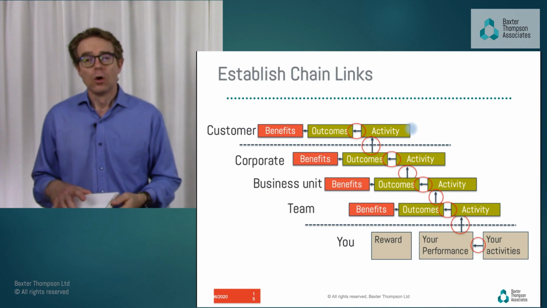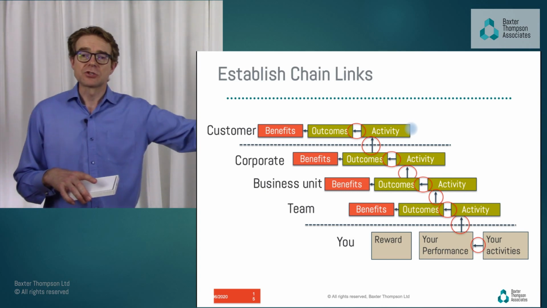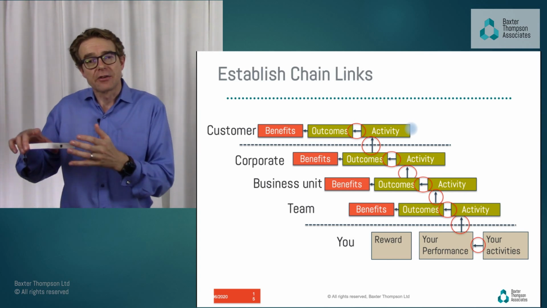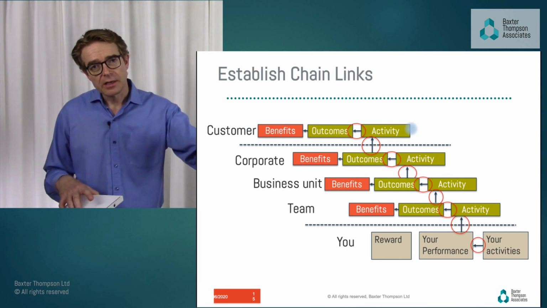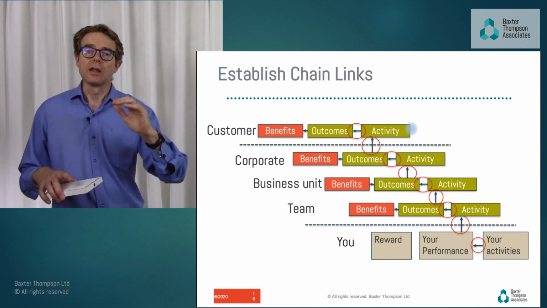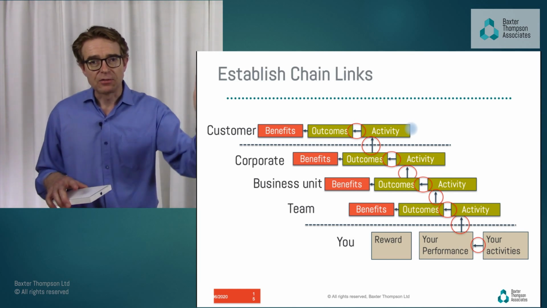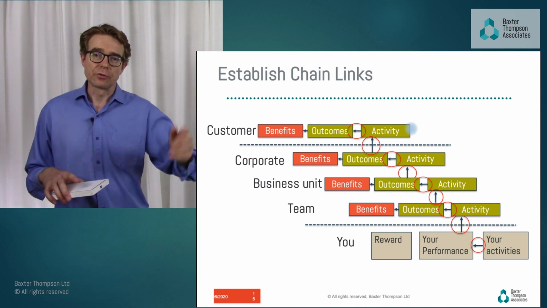It's not clear what they're supposed to be doing, or the goals are so abstract that they're not necessarily very relevant to the work you're doing on a day-to-day basis. So cascading these outcomes and activities down the different tiers will help you get that sense of alignment right from the individuals all the way through to the customer.